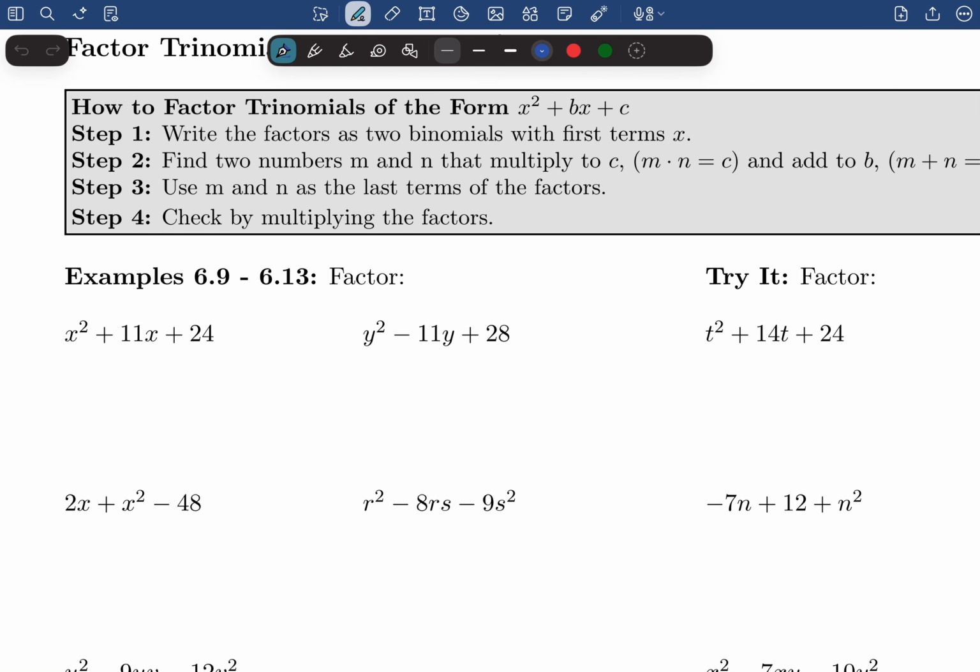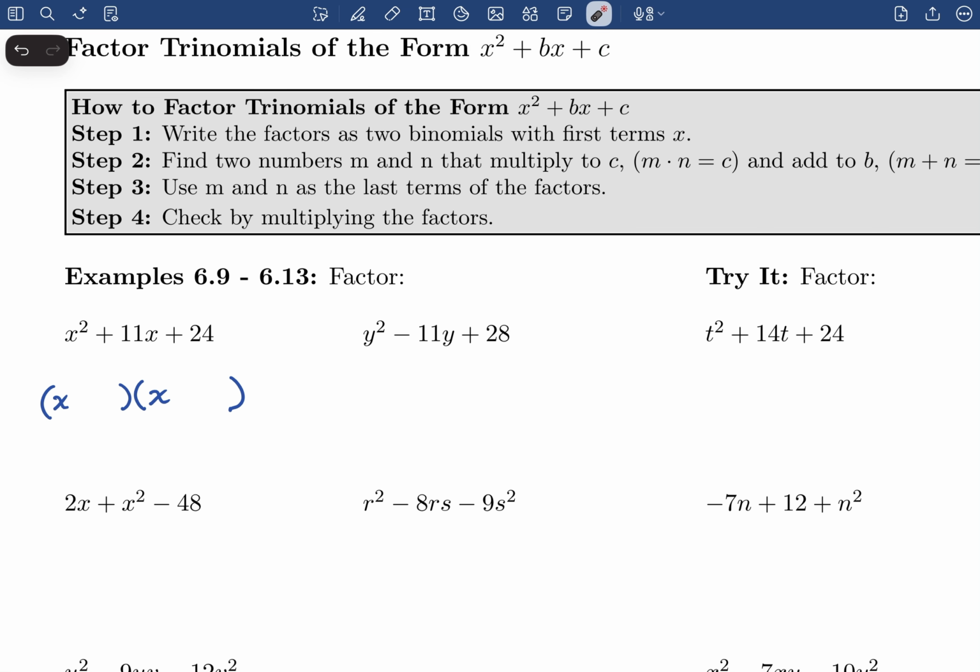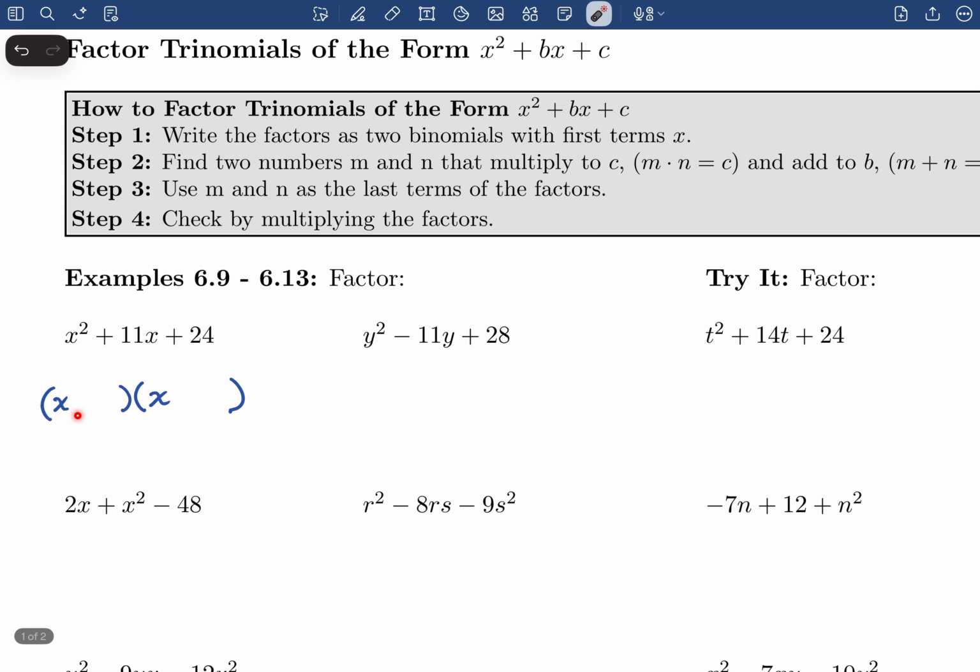Now, the first thing I do is write two sets of parentheses for binomials, and I put x at the beginning of each binomial. We put x at the beginning because x times x is x squared. So this is the setup.